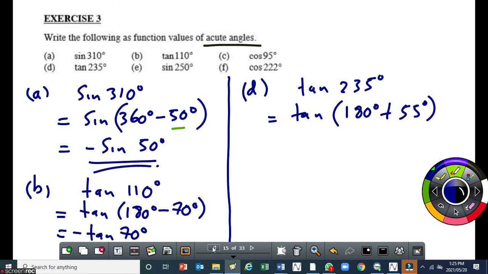Would it be wrong if we said 270 minus 35? Generally, we don't use 270. 270 will complicate things. So we use 360 degrees and 180 degrees.